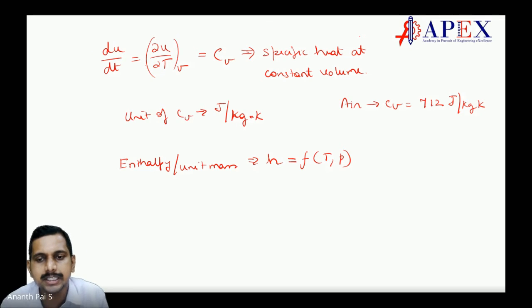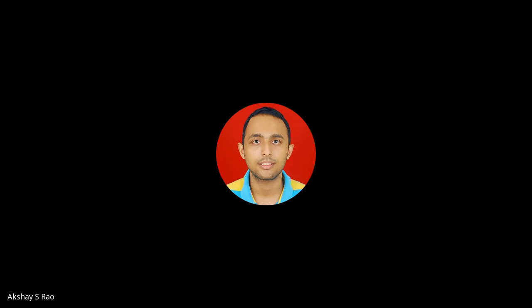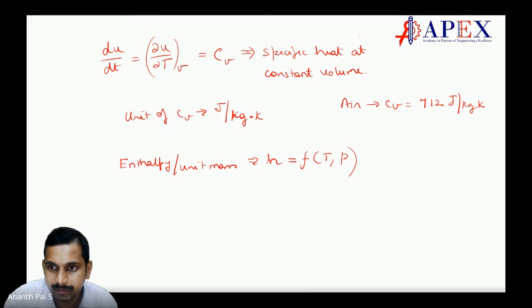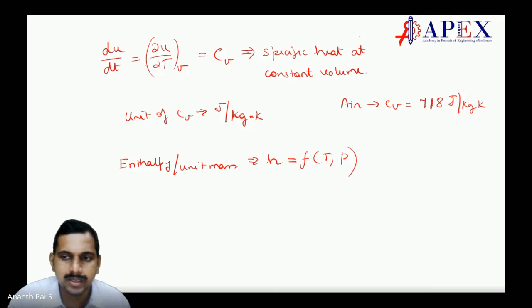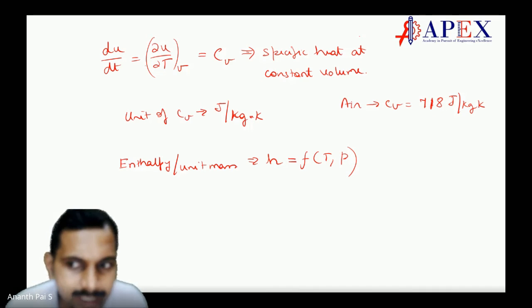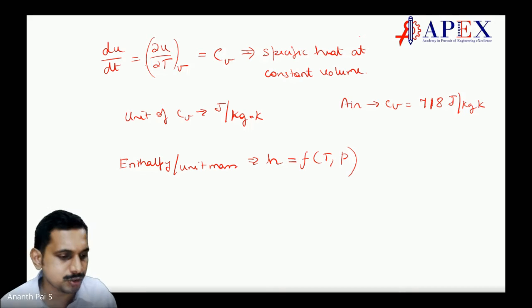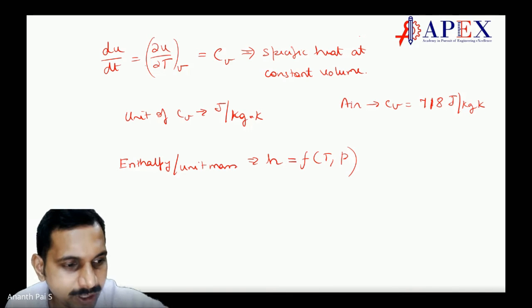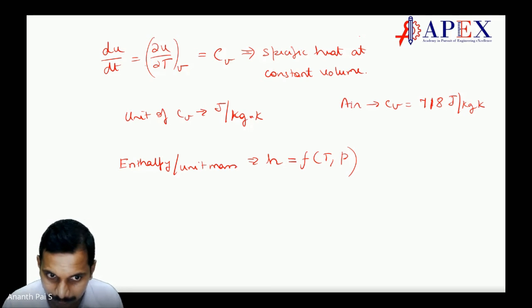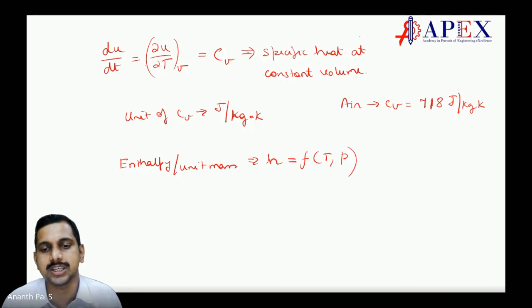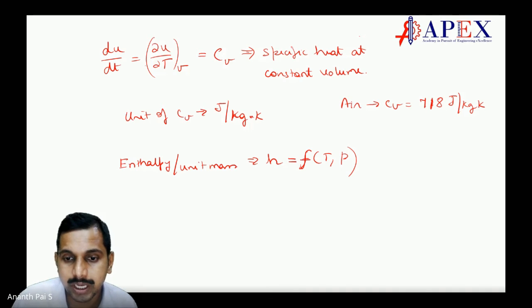Sorry sir, it is 718. 718, correct. That is one thing we should not forget, students, but somehow I keep forgetting. Please do not forget. So enthalpy per unit mass, H, is a function of temperature and pressure.